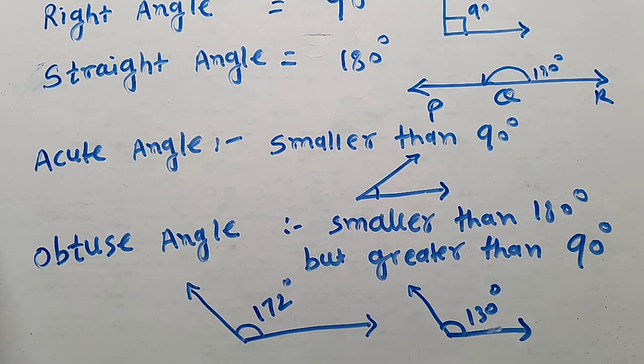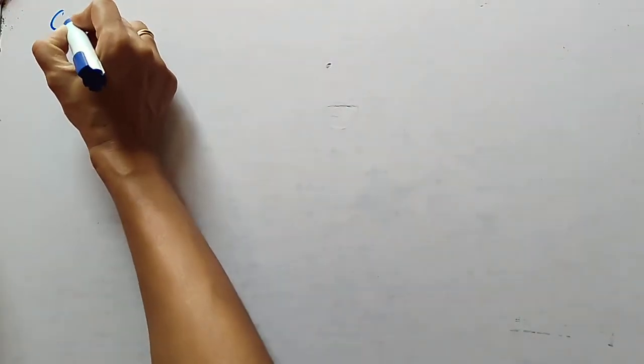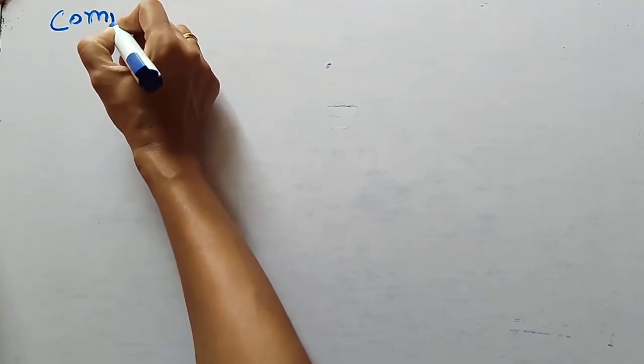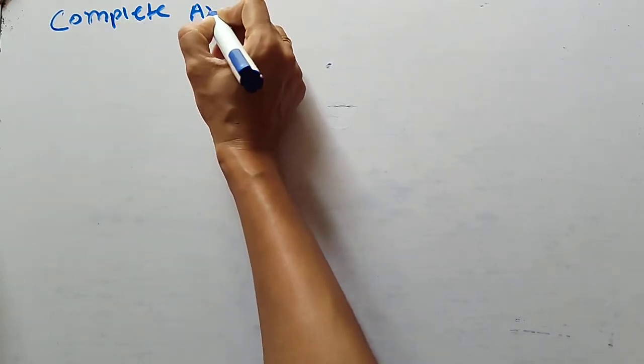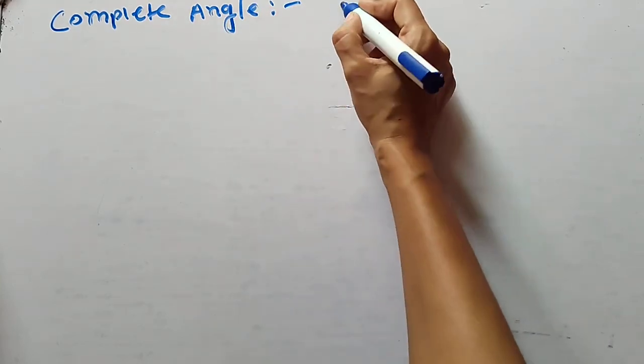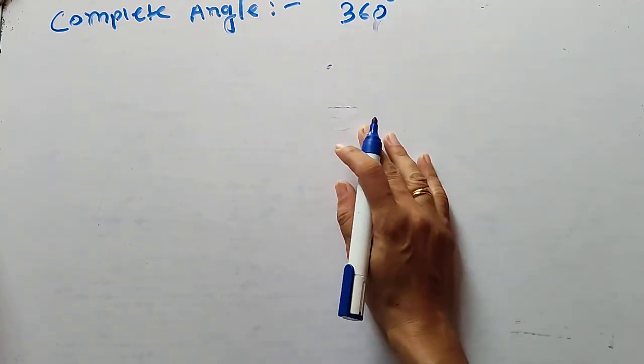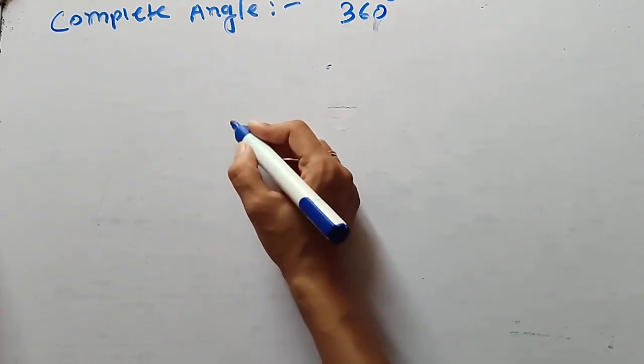Then one more example is the complete angle. The angle that measures 360 degrees, a complete round, is called a complete angle. How do we measure this angle?